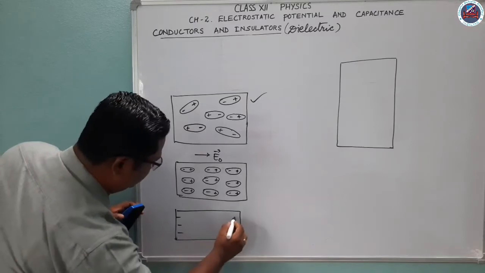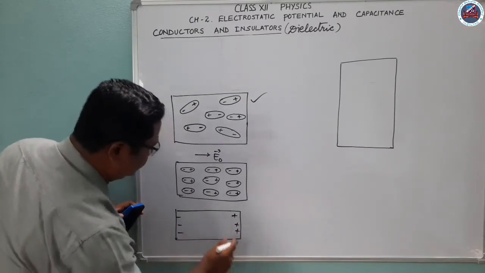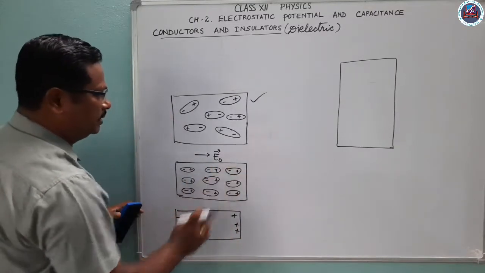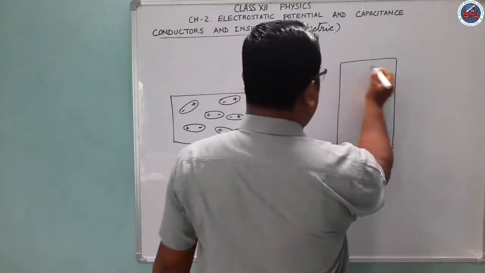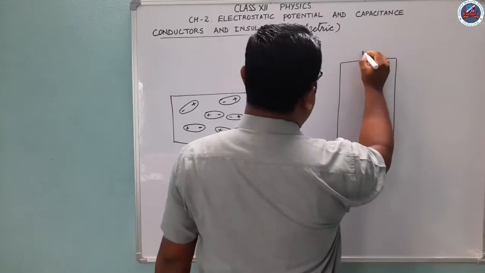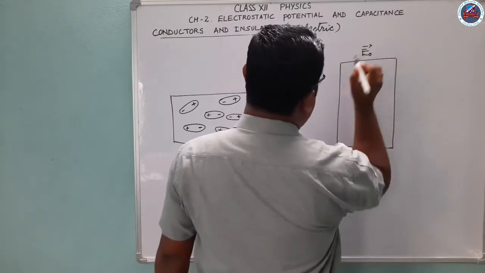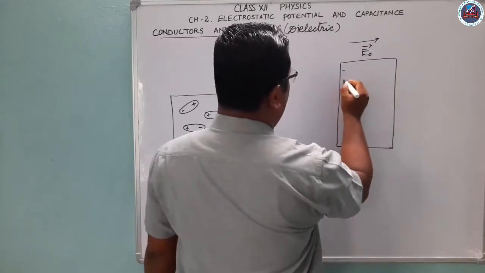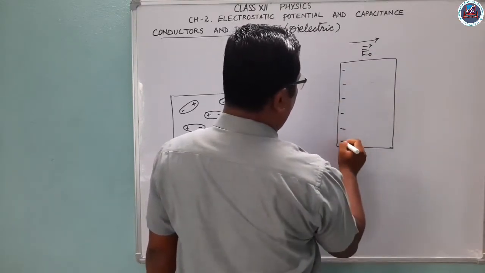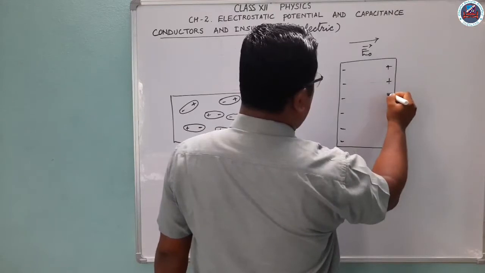This side we draw negative and the right side we draw positive, because on the right side all you can see is positive. So if this is the dielectric, we are applying an external field E0 in this direction from left to right. Then the negative charges we draw this way, and this side will be positive charges.